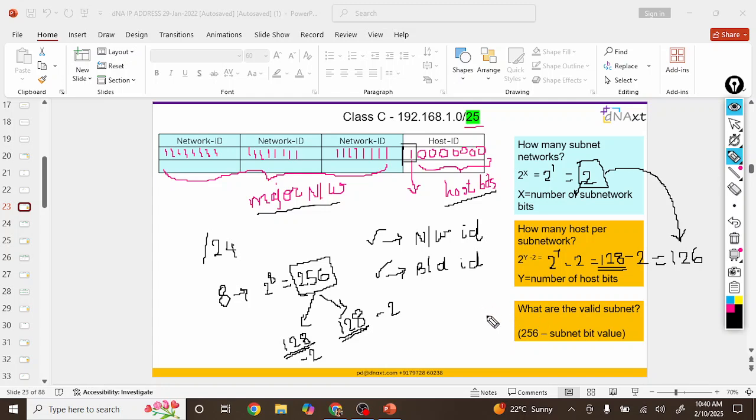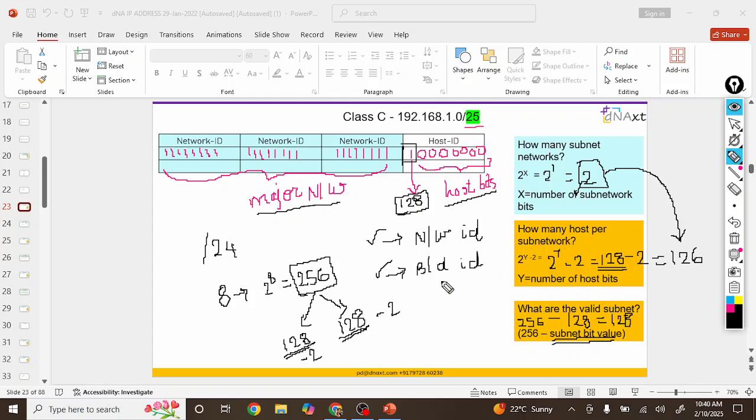In which range will these subnets be? So for that we do 256 minus the subnet bit value. How many bits are on in the host? 1. The value of that first bit is 128. So we have to subtract this 128 from 256, that is 128.